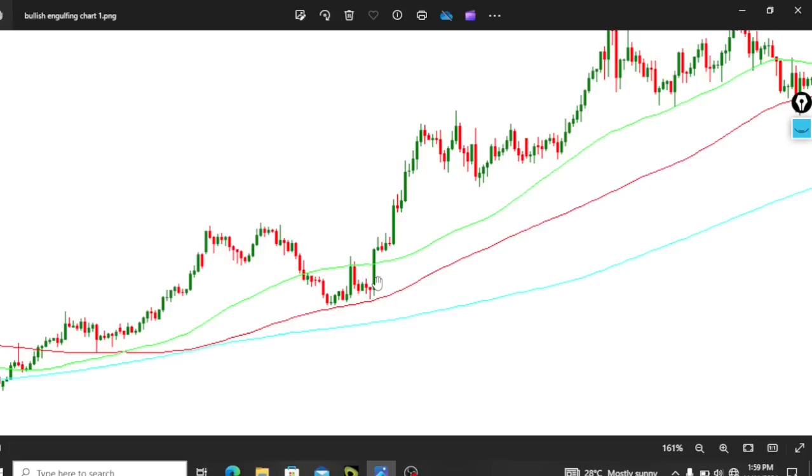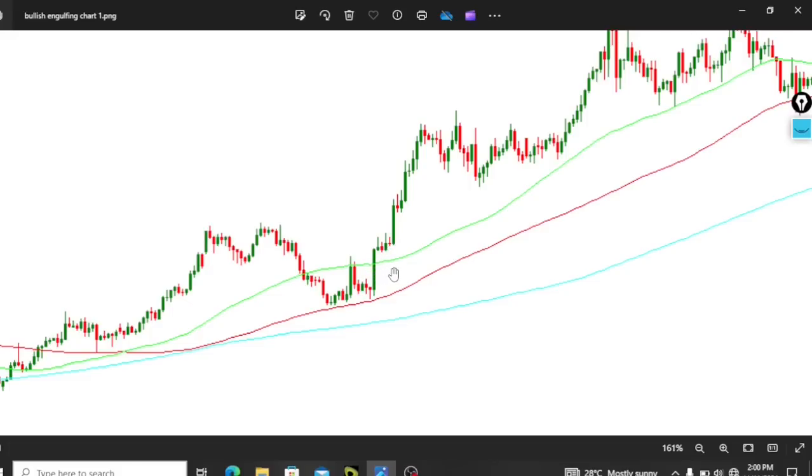Therefore, there's no denying the fact that this one is a very mammoth bullish engulfing candle. No professional trader will hesitate at this one, because it is being confirmed by a moving average support and is trading above 3 moving averages at this moment. You should immediately have placed your buy trade and gone long, and the rest would have been history.